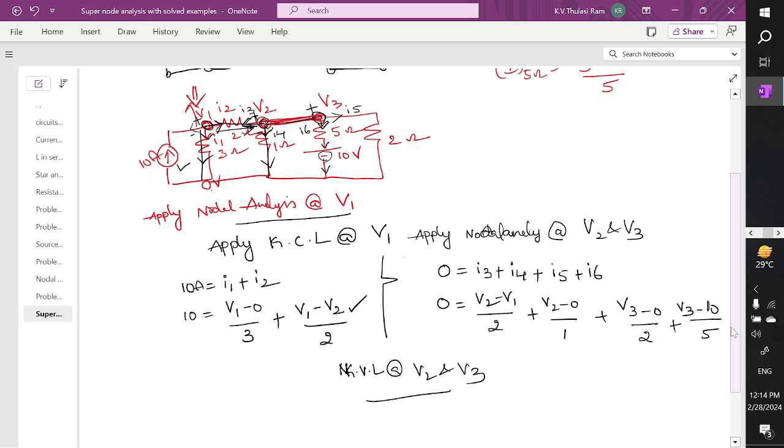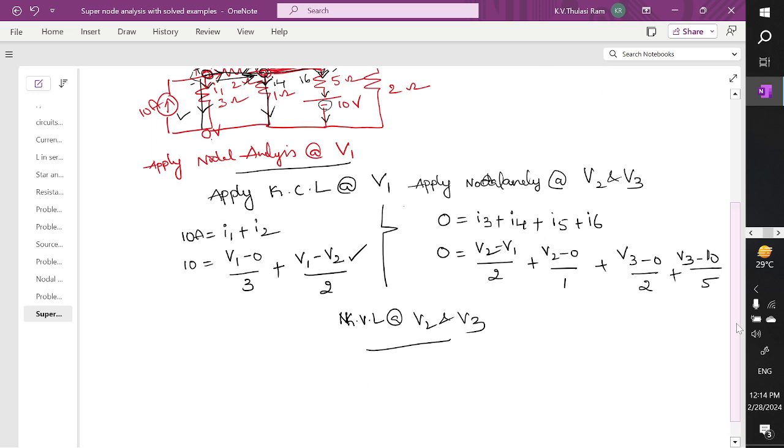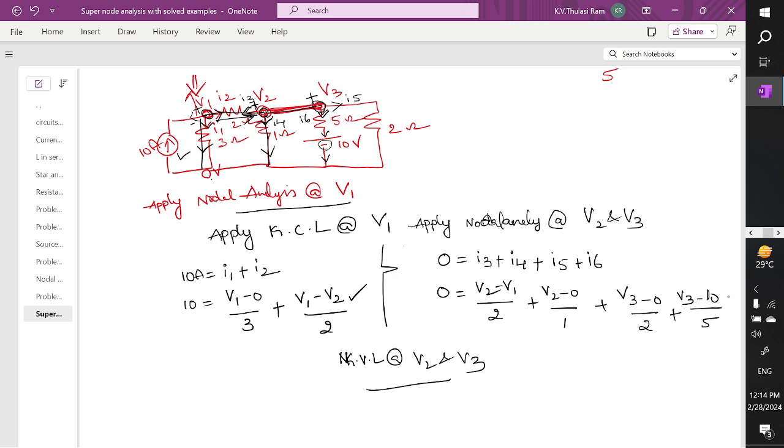When you are trying to apply it, you can see here we are having V2 and we are having a voltage source. So this is positive voltage and this is negative voltage.